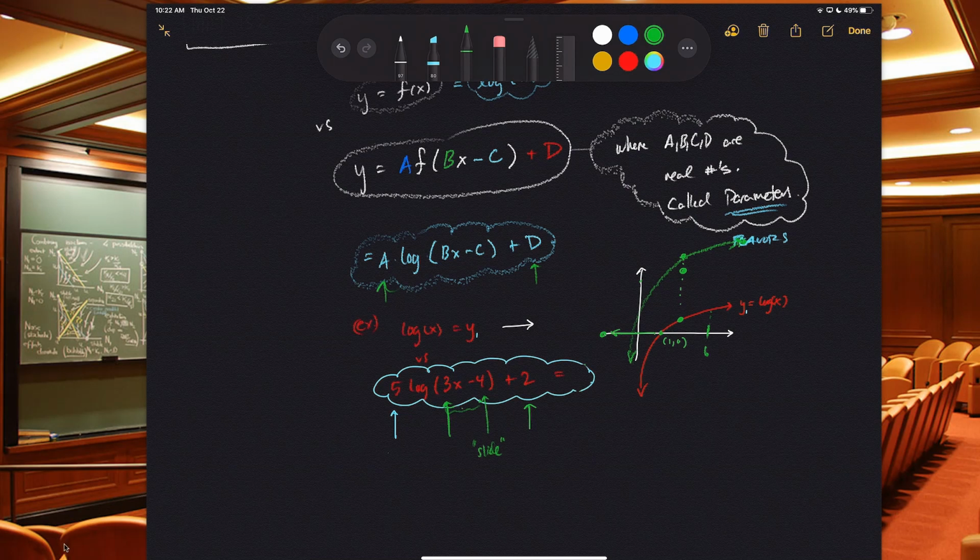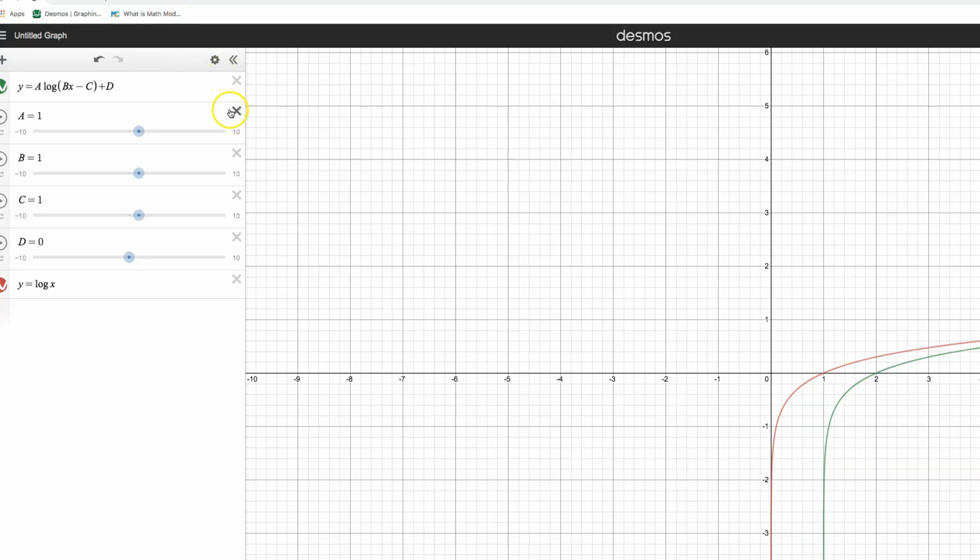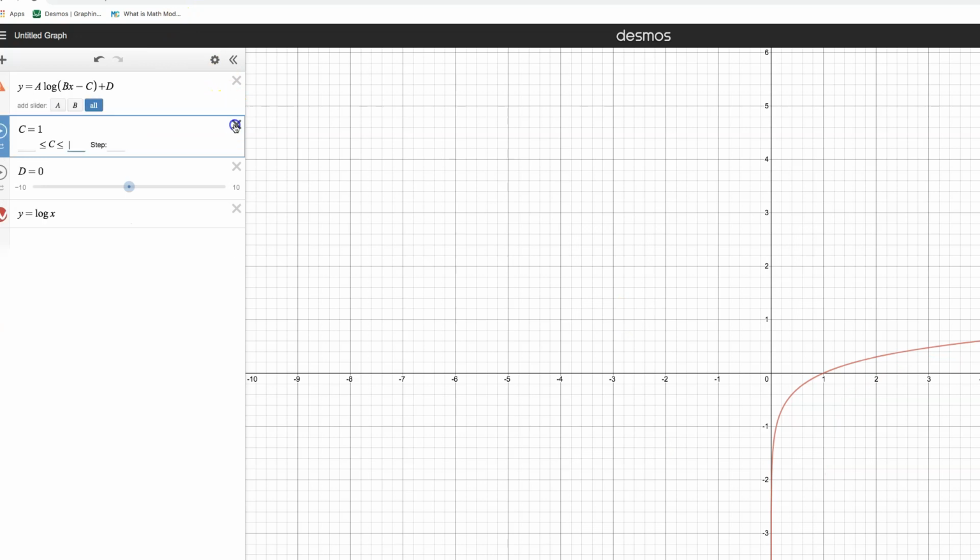So it's moving it over in this direction. Okay, so I'm going to show you on Desmos how that looks because this graphic's getting a little crowded. So let me show you how we would do this.